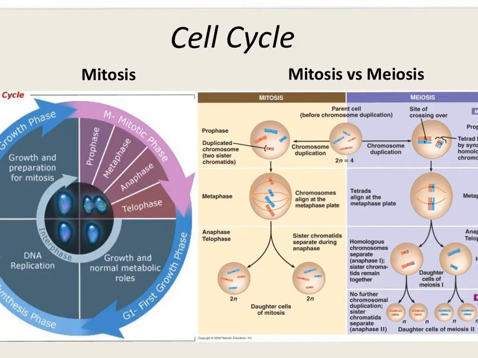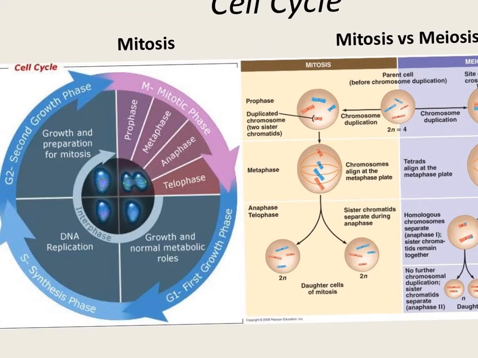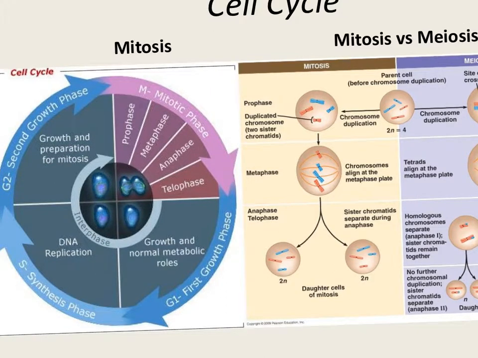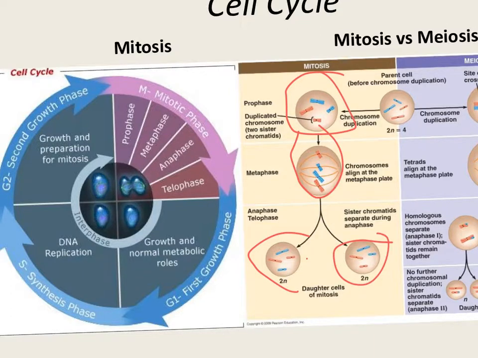So this is prophase, where the chromosomes condense, metaphase, and then they separate during anaphase and telophase into two daughter cells.